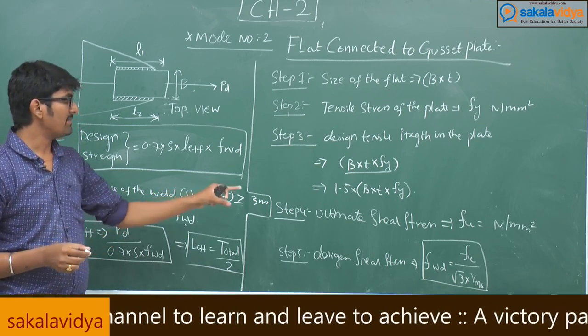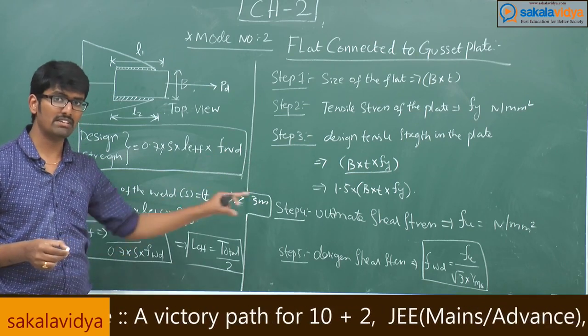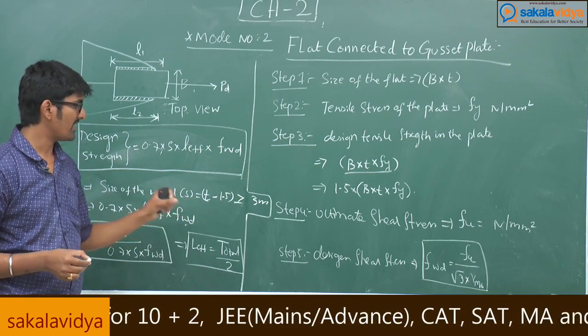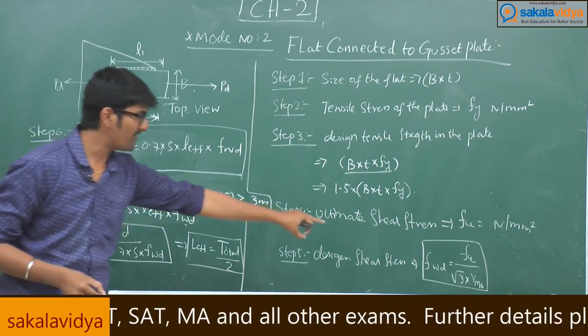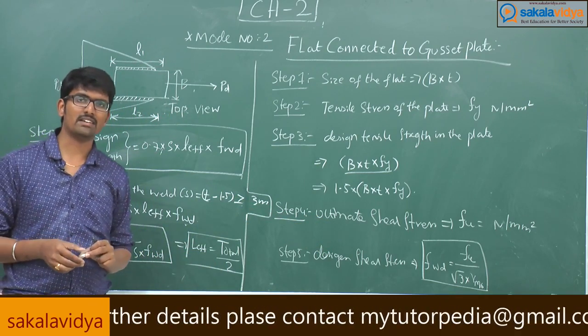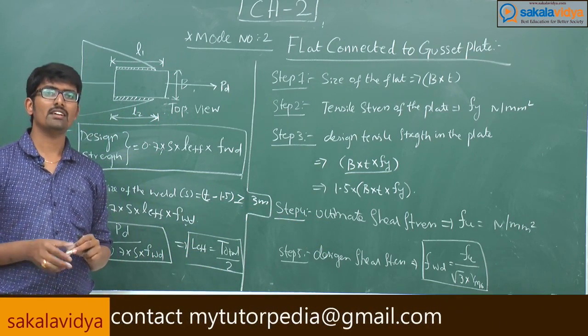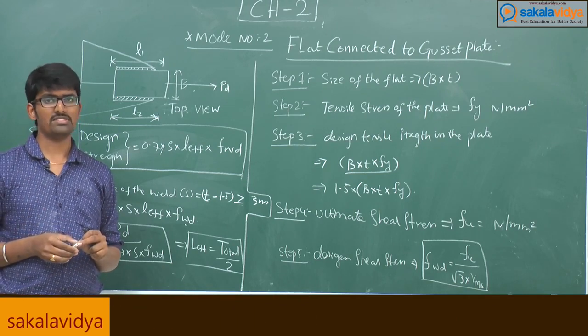Step 4, ultimate shear stress Fu in Newton per mm square will be given in the question itself. Step 5, design shear stress, that is FWD is equal to Fu by root 3 into partial safety factor. You know the partial safety factor for workshop welds is 1.25. If the weld connections are made on site, we have to take 1.50.